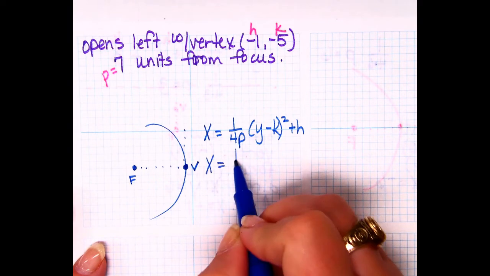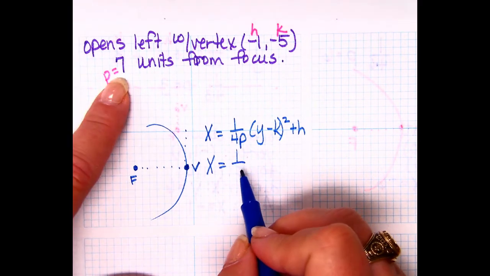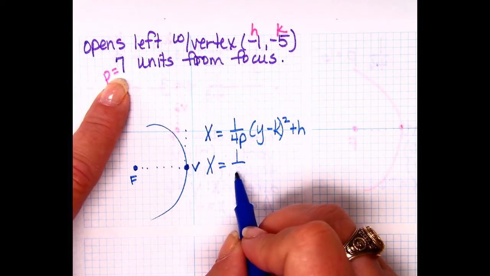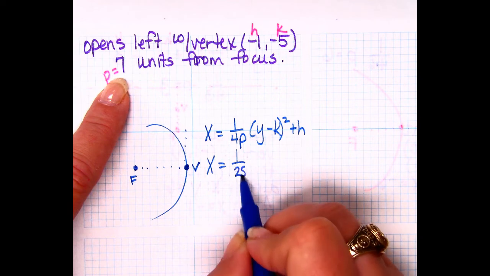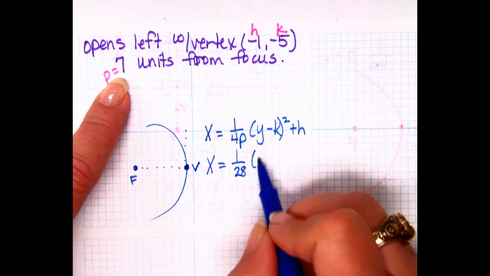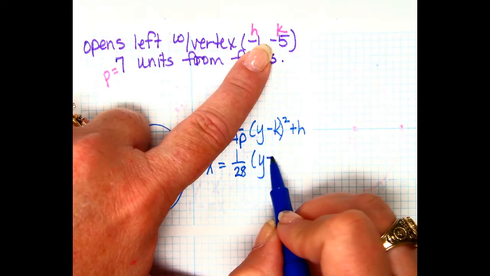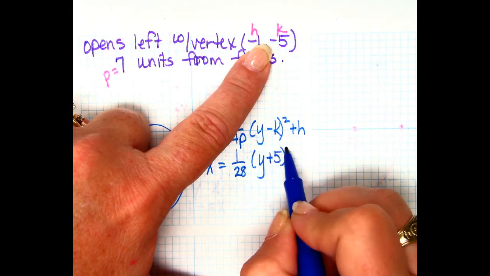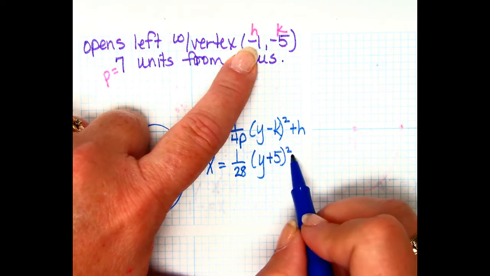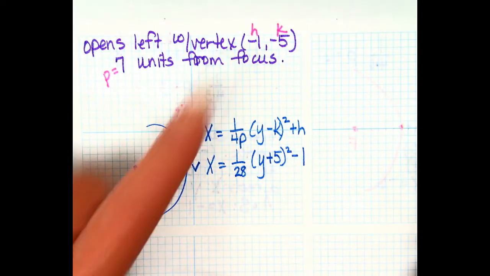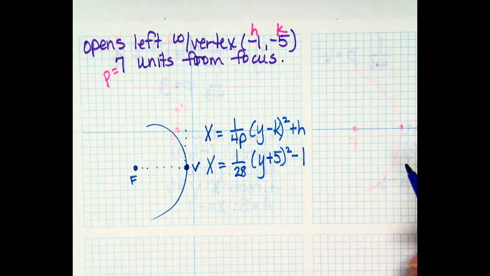X equals 1 over 4 times 7, 28, y minus k, so y plus 5 squared, plus h. We're not there yet. But yes, absolutely.